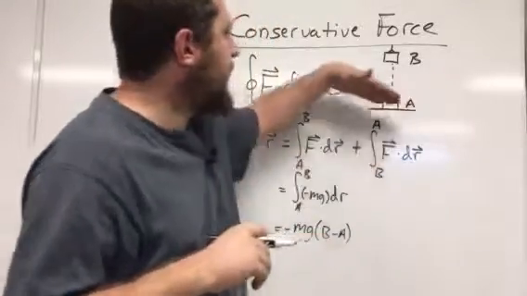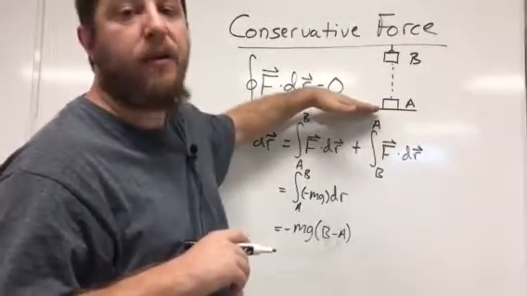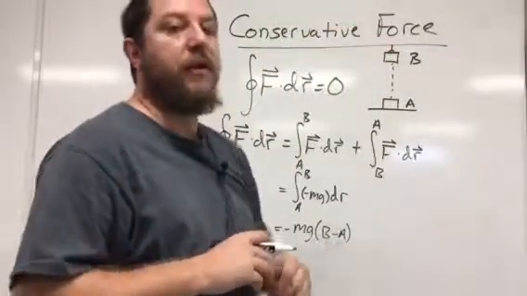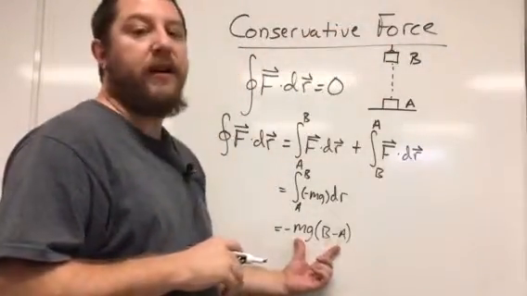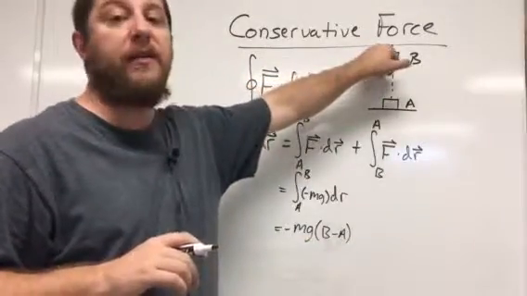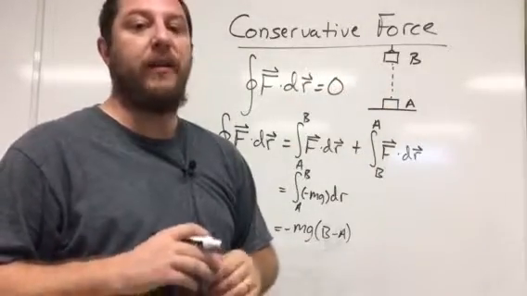So we can see that as I lift an object, if I let my origin be the ground here, then as I lift my object up to a certain height b, the work is going to be negative. The work that gravity is doing, not the work the crane is doing, but the work that gravity is doing on the object, is going to be negative.